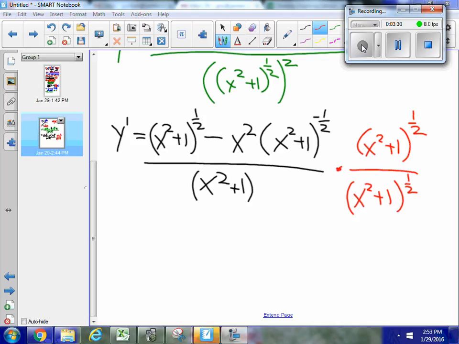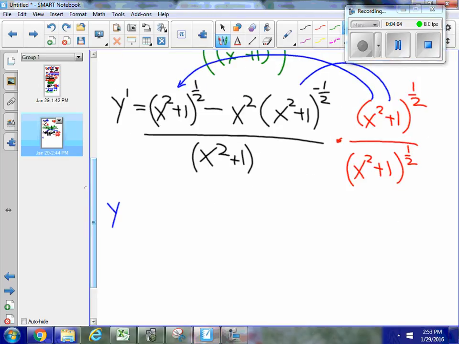And the reason I'm doing that is because I was looking at it and I thought I could see, well, if I multiply this by x squared plus 1 to the 1/2, my 1/2s are going to add together and just become a 1. And when I multiply this piece by x squared plus 1 to the 1/2, again, I'm adding the exponents, same base. It's going to be a 0, so it's going to go away. So it's going to look like this.